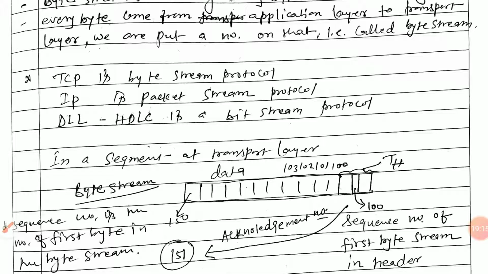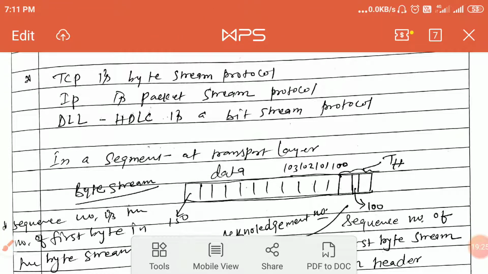In this diagram, in this vertical line there is the data part, and before this there is the header part. Suppose we have bytes starting from 100 up to 150, so a total of 151 bytes are there in this data field.